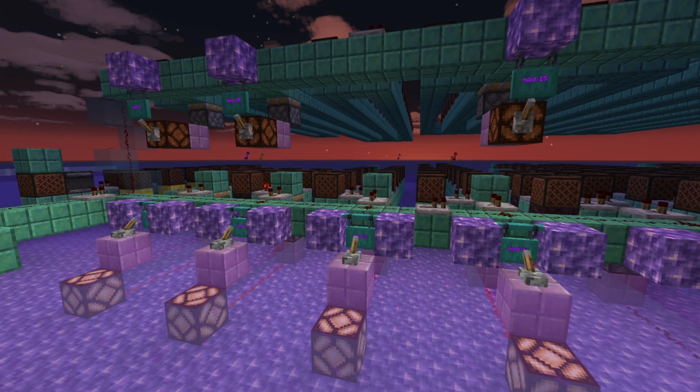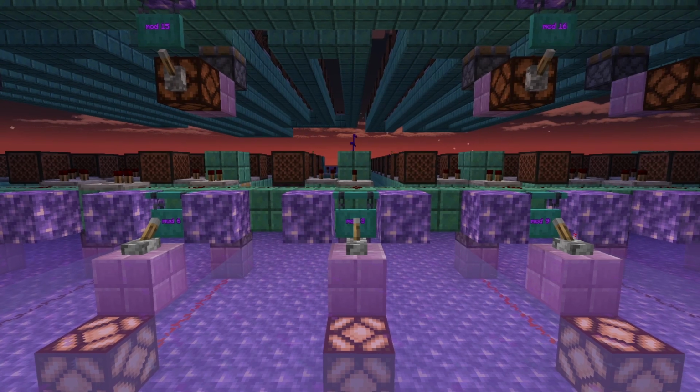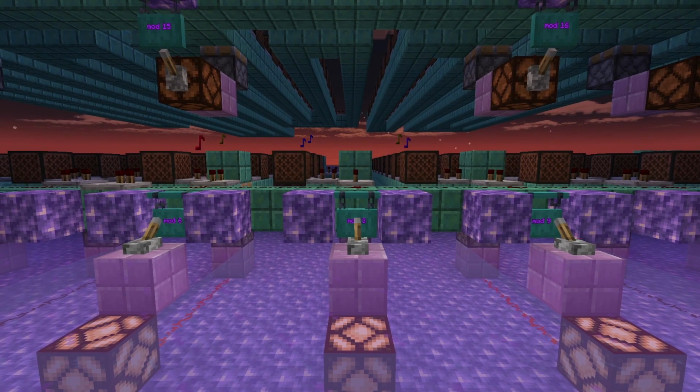Now let's add 8 back in. Next, let's hear the multiples of 3. As we include higher moduli, we start to get these upper extension harmonies.